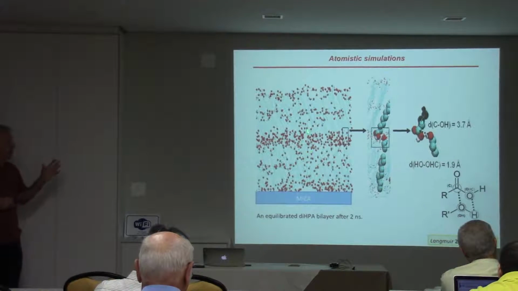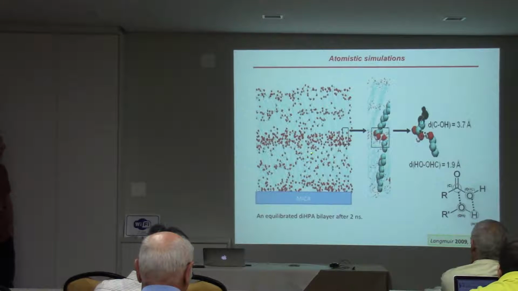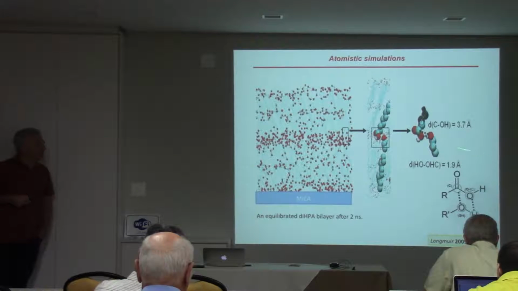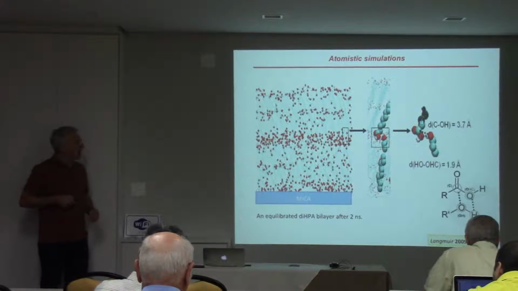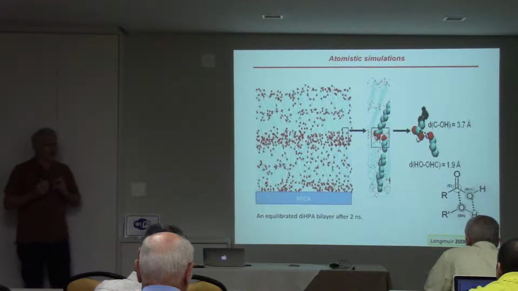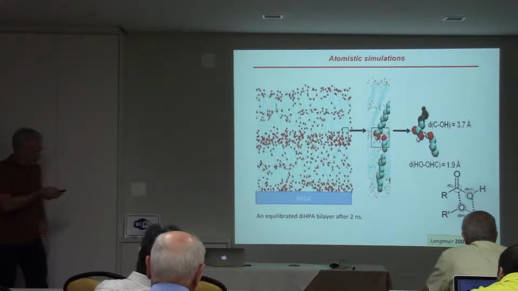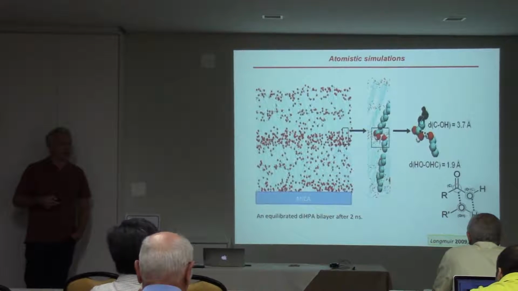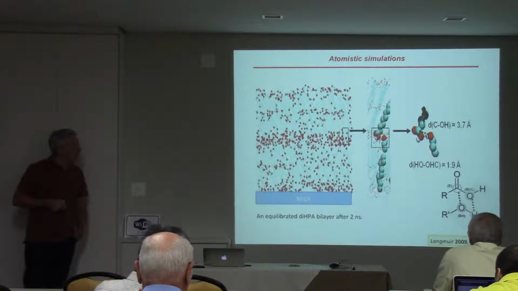Let's consider a simple system. One layer adsorbed to the mica surface, and the second layer, which is developed from this interaction. We can observe that there is a very effective approach between the different groups that I mentioned, the oxygen from the alcohol group to the carbon of the carboxylic groups.